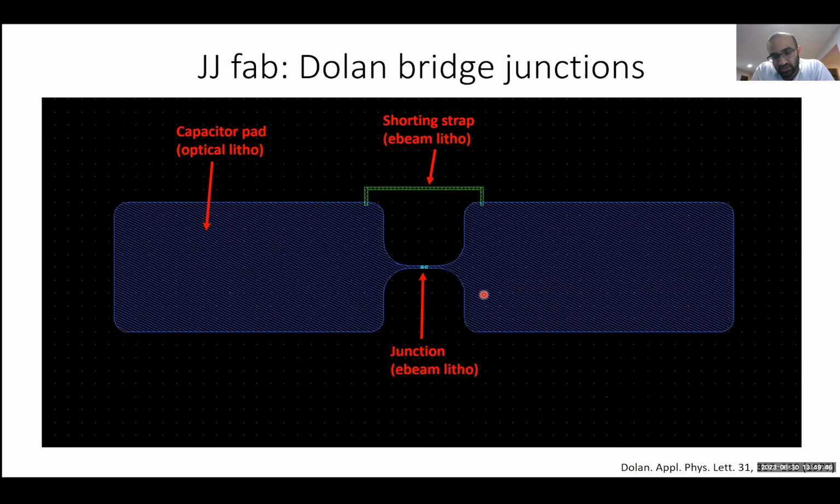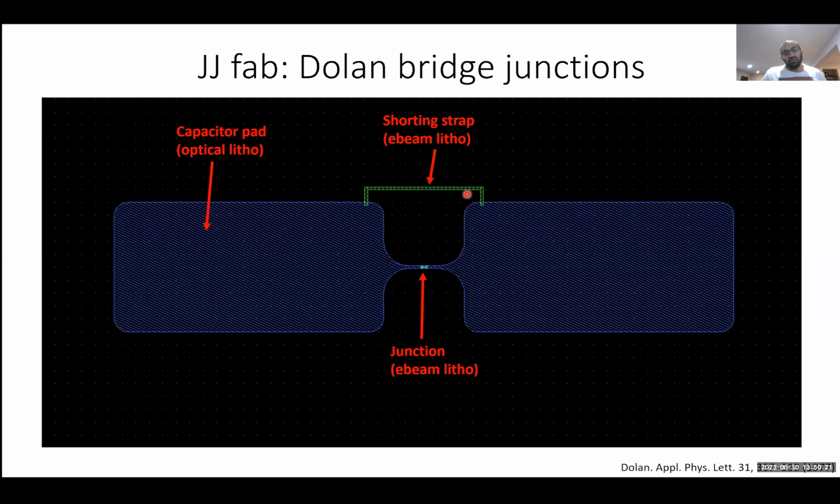Are you going to talk about the dicing step later? Actually, no, I won't really be talking about the dicing step, because it is pretty straightforward. There are really no special precautions that we take, except that what we found is that you are most vulnerable to ESD during dicing.